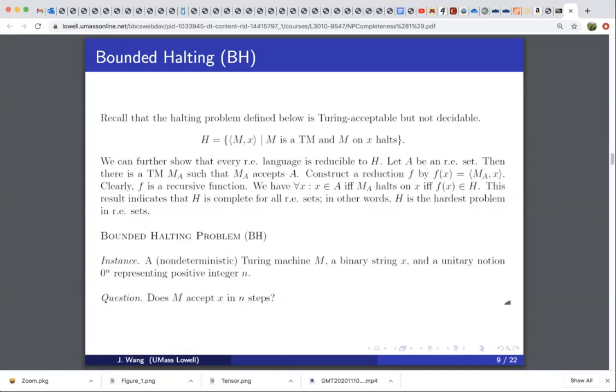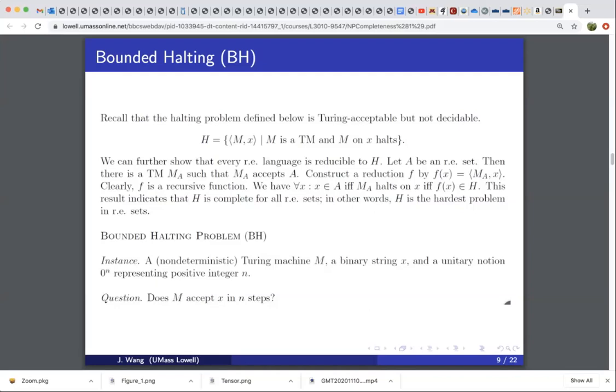So let's refresh our memory on what the halting problem is. For Turing machines, the halting problem is this: you have a set of instances, which is a Turing machine M and the input X to M, and an instance is positive when M on X halts.